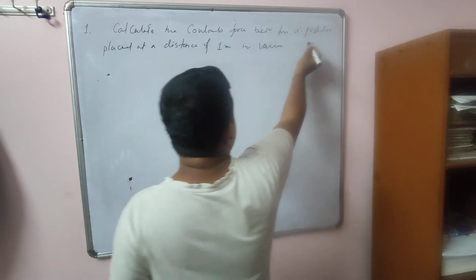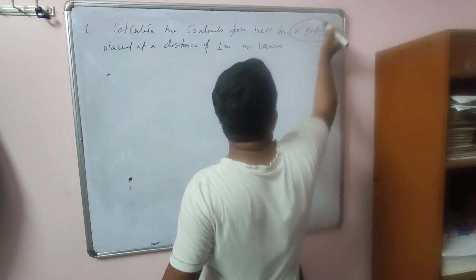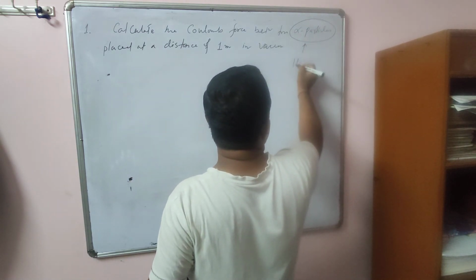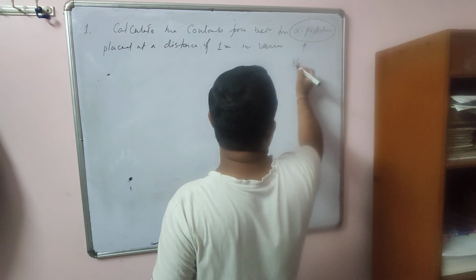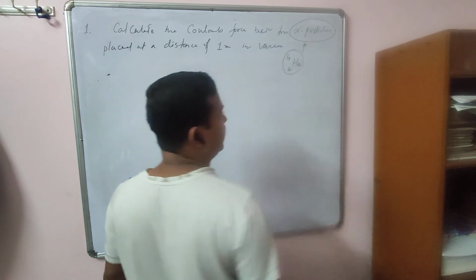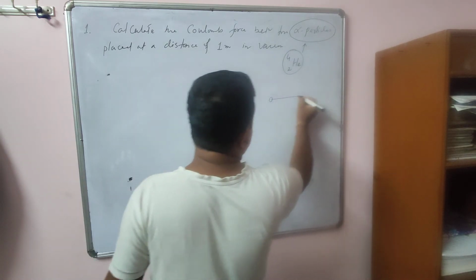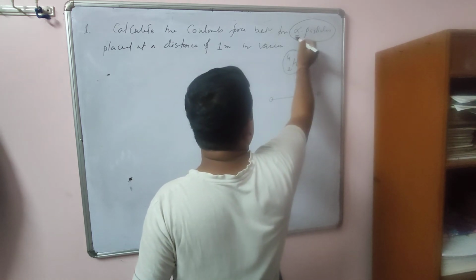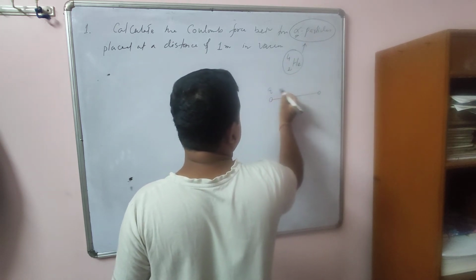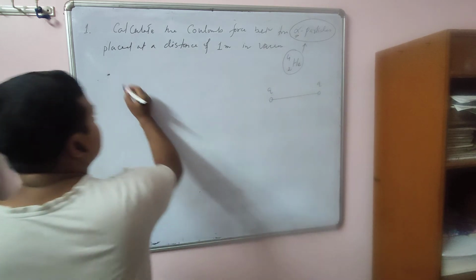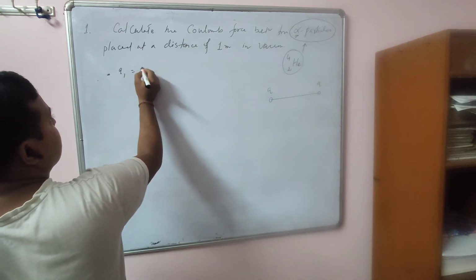Now what are alpha particles? Alpha particle means the helium nucleus. Now two alpha particles are there. Since both are alpha particles, they have the same charge. So here Q1 is equal to Q2.